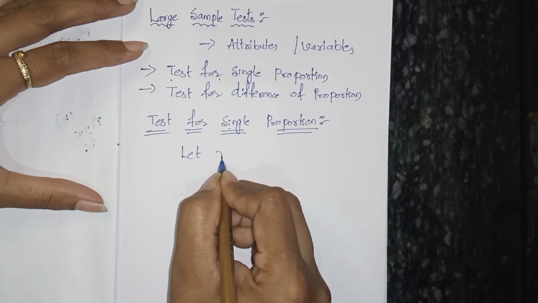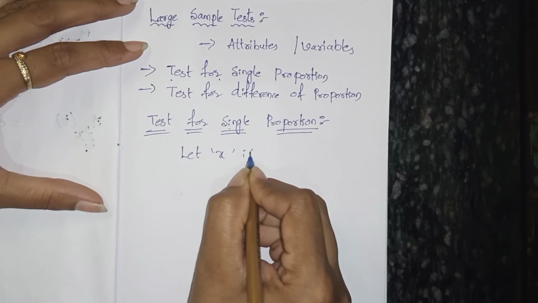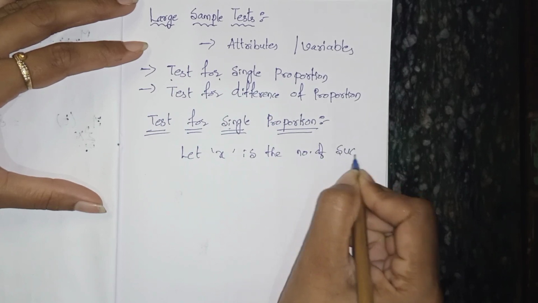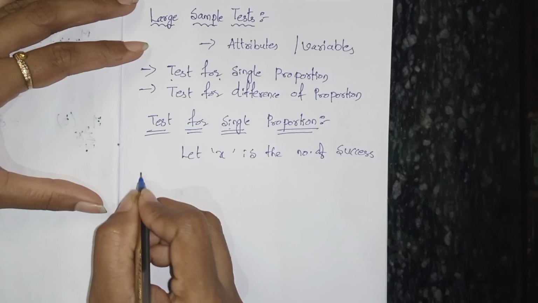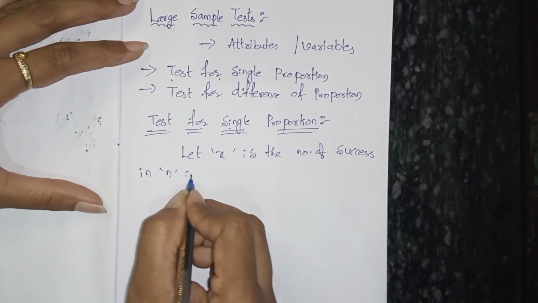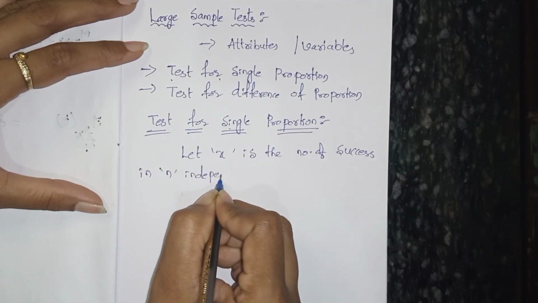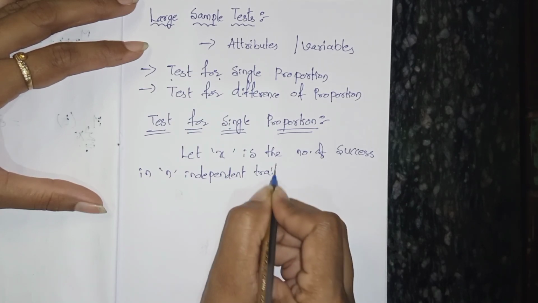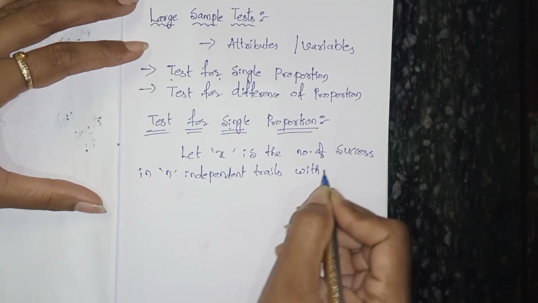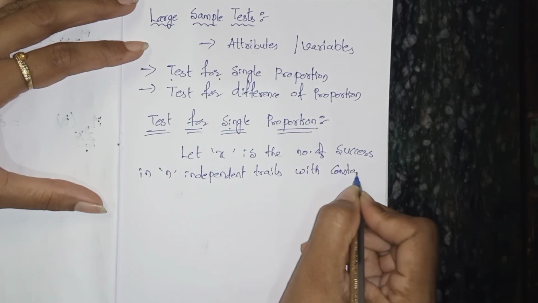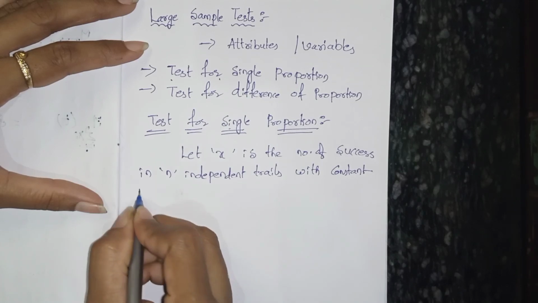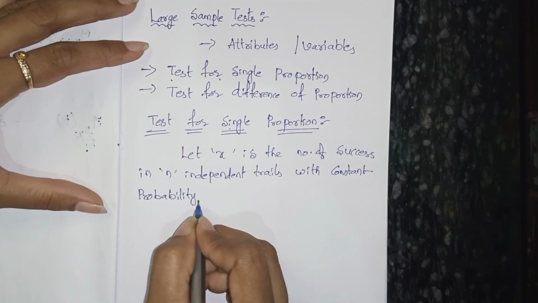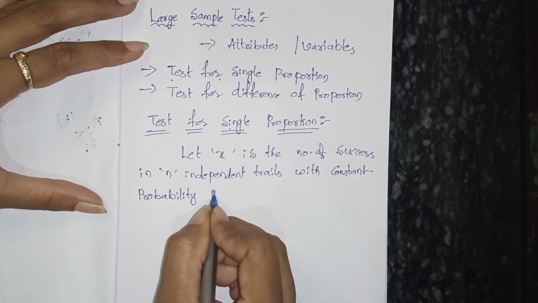So what we have to write first is: let x be the number of successes in n independent trials with constant probability p.